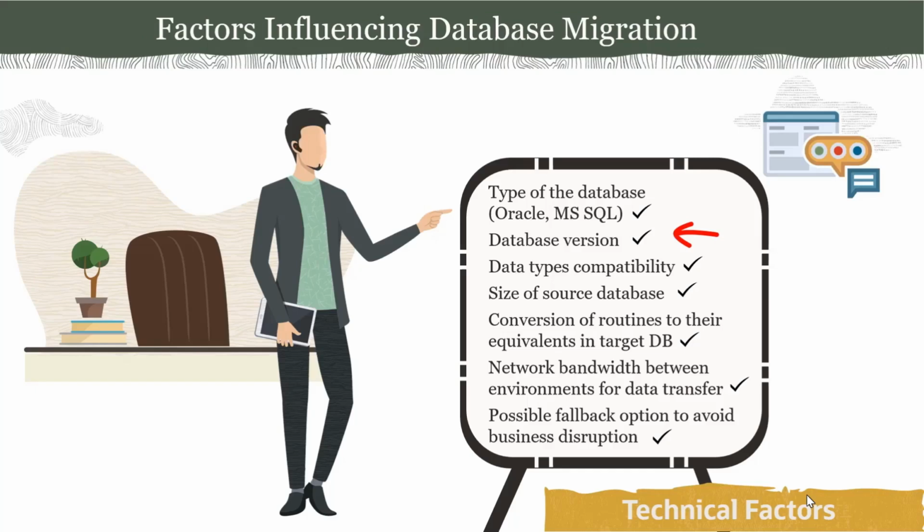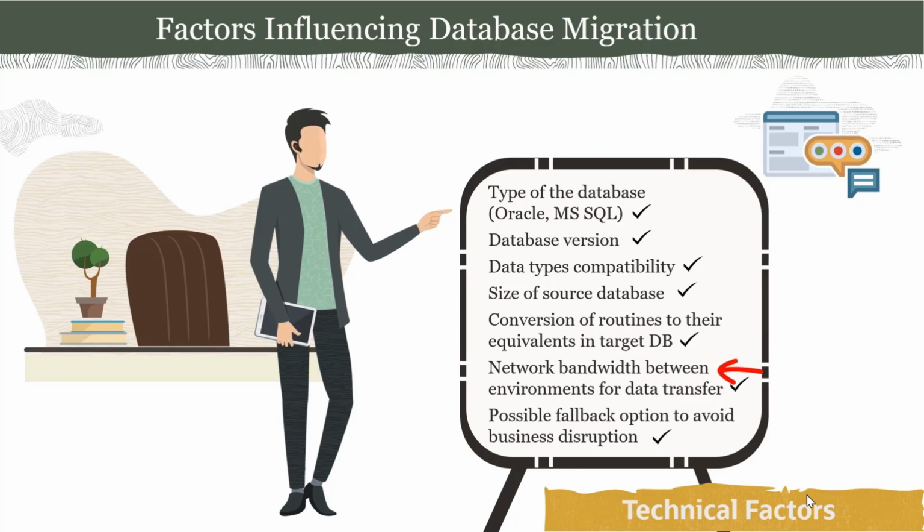We need to know the version of the database and check if the source database types are compatible with the target database. Even the size of the source database matters as it can decide the duration of the migration. You need to choose a faster data transfer mechanism to the target database environment in order to lower the entire migration task duration. Then, depending on the source database type, you need to calculate the time and effort required to do the equivalent conversion of source database routines into the target database environment.